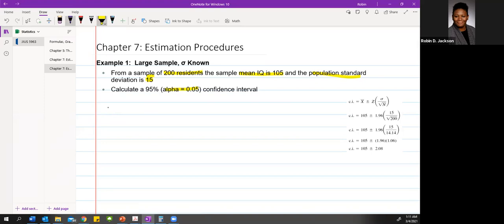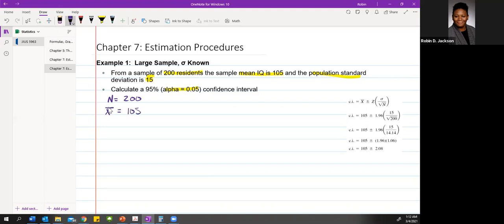Okay, at this point, let me write out all of my information. My number is equal to 200, because that's how many people are in my sample. My sample mean, X bar, is equal to 105.